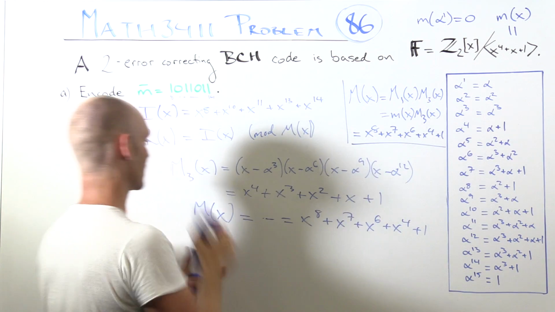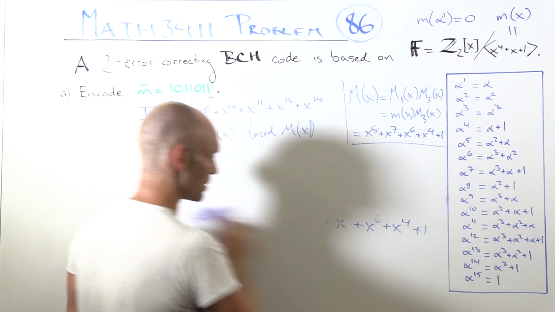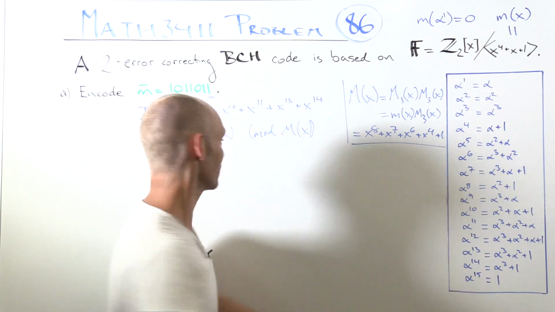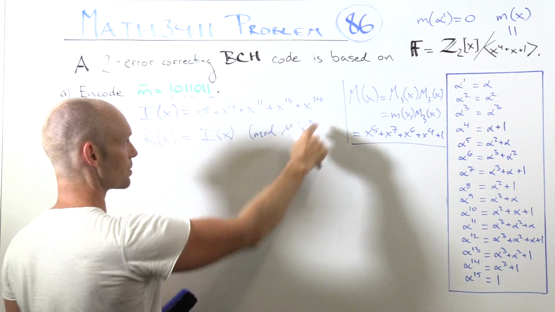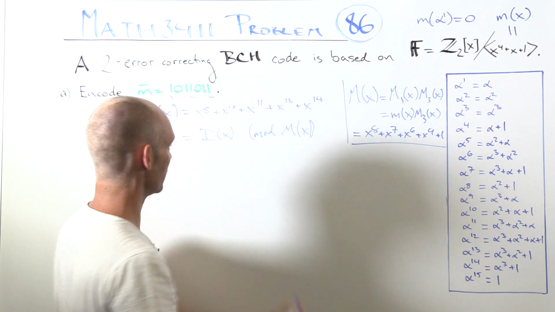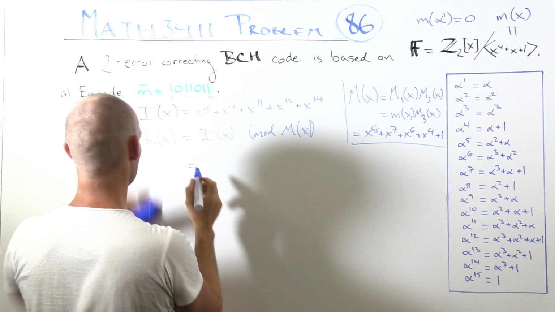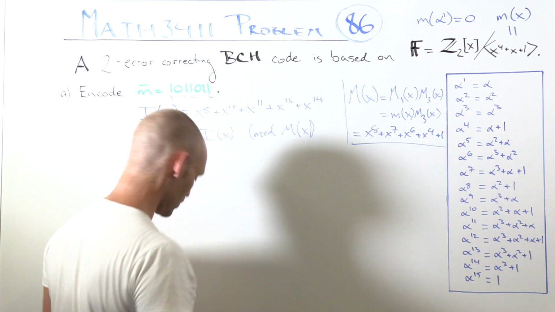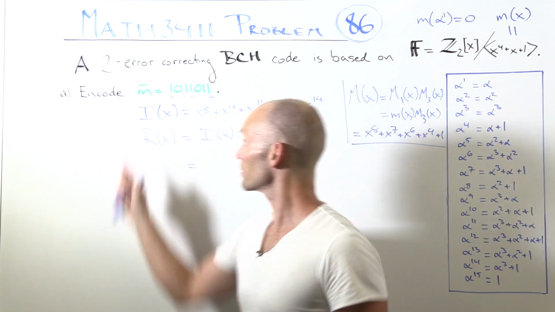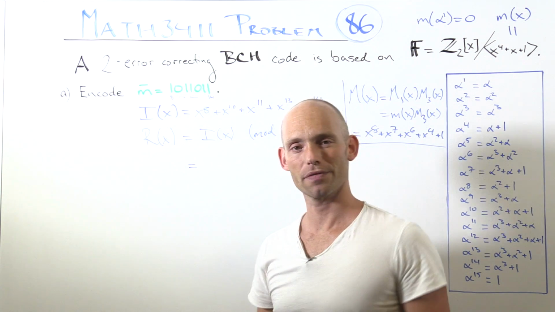Now, okay, why do we need all of this? Well, that was because we wanted to take this polynomial and mod it out by this M of x, which we've just found. So, okay, you can do this in various ways. Now, if we're talking about a single error correcting code, instead of a 2 error correcting code, we'd have a shortcut.